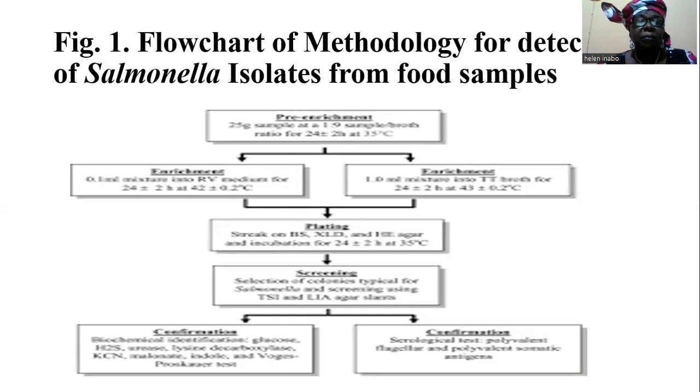This is followed quickly by enrichment, in which the selenite or tetrathionate broth is inoculated from the pre-enrichment broth and incubated at 43 degrees Celsius for 24 hours.